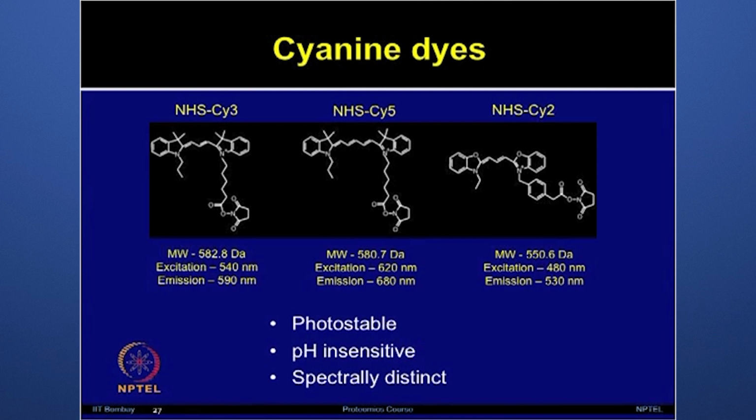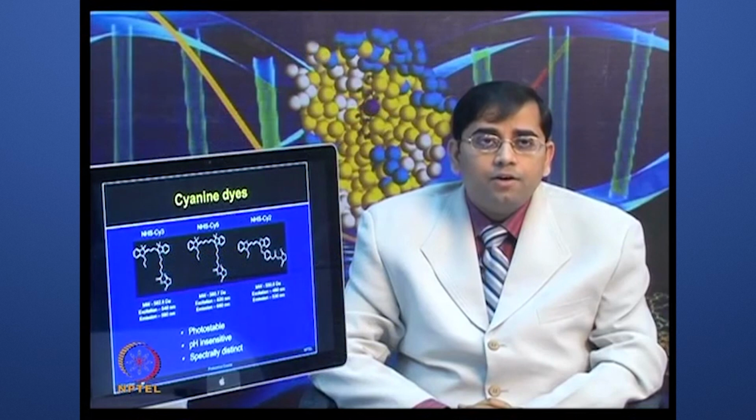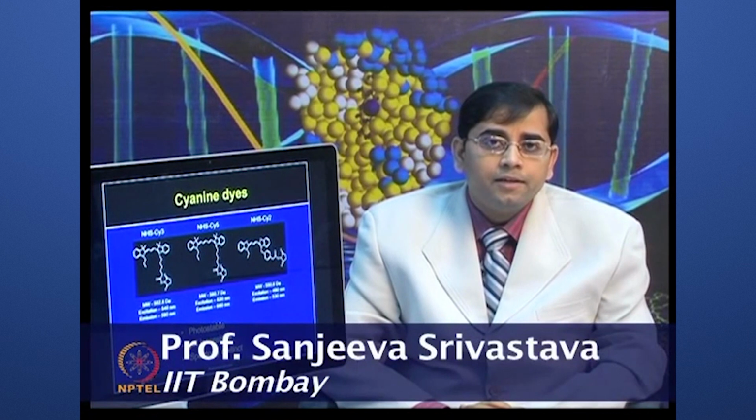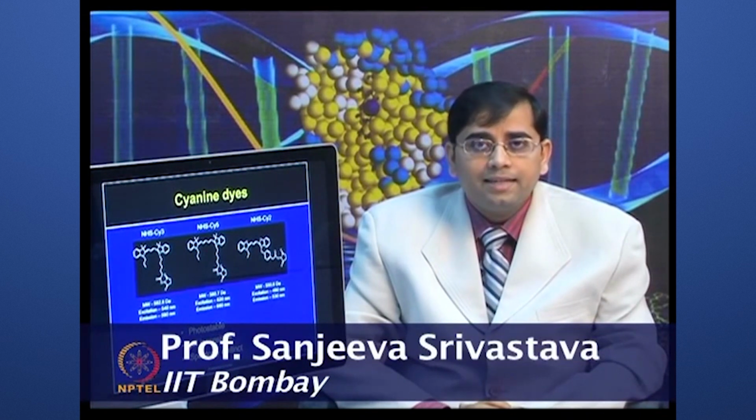Cy3 excitation wavelength is at 540 nanometers, emission at 590 nanometers. Cy5 excitation at 620 nanometers and emission at 680 nanometers. Cy2 excitation at 480 nanometers and emission at 530 nanometers. These dyes are photostable, pH insensitive and spectrally distinct. By using these dyes, the DIGE method can be used.